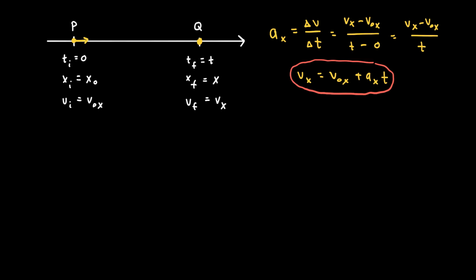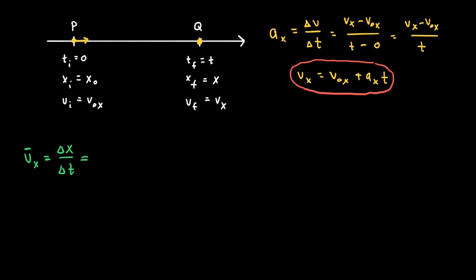The next equation that I would like to determine is an equation for the final position. And so for this equation, I would like to start with the equation for average velocity. And so average velocity, vx, maybe there should be a bar over that to indicate that it's an average quantity, is in general delta x over delta t.